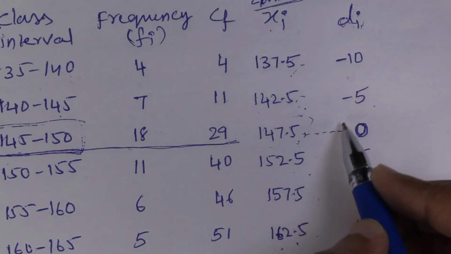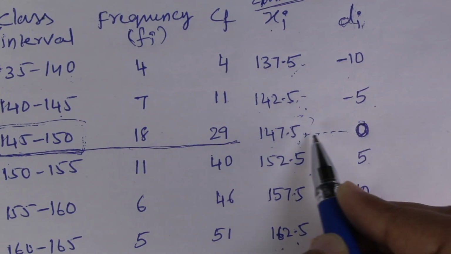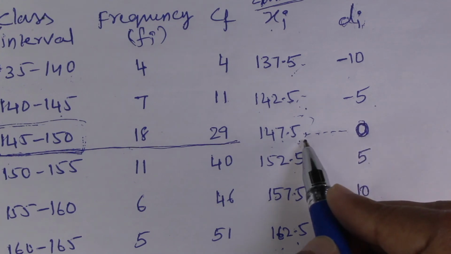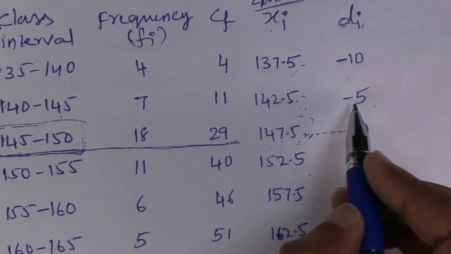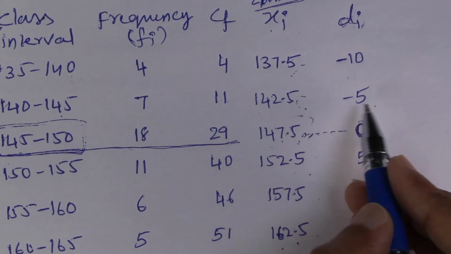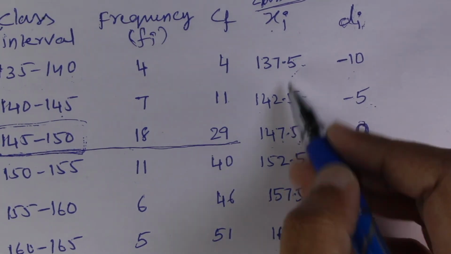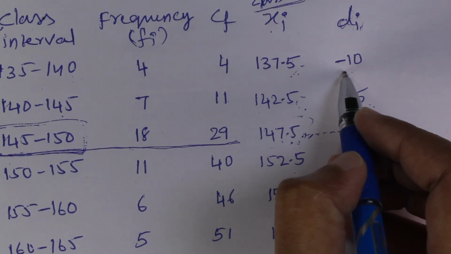So di is the distance from the assumed mean. For this class it becomes 0 because the assumed mean is the same as the class mean. For this class it becomes minus 5 because 142.5 minus 147.5 is minus 5. For this class we go further back: 137.5 minus 147.5 is minus 10.